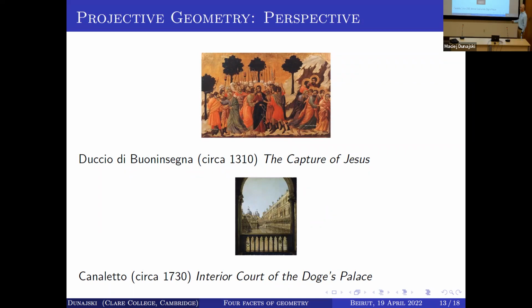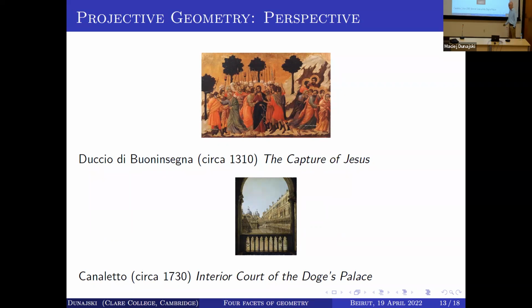And this can be contrasted with Renaissance painting, Canaletto, where it's the interior of a court in the Doge Palace. So there is this balcony here, and obviously this balcony is smaller in size than the church in the distance. But if you were to look from this balcony, it would seem bigger to you. And so that's the geometry of Renaissance painting.